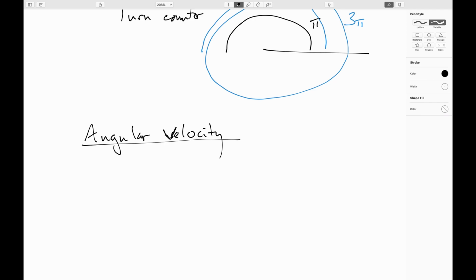So the definition of angular velocity, and this funny loopy thing right here, let me try to draw a really good one, at least the first time, is a lowercase Greek omega. You draw it like that with a little loop-de-loop in the middle.